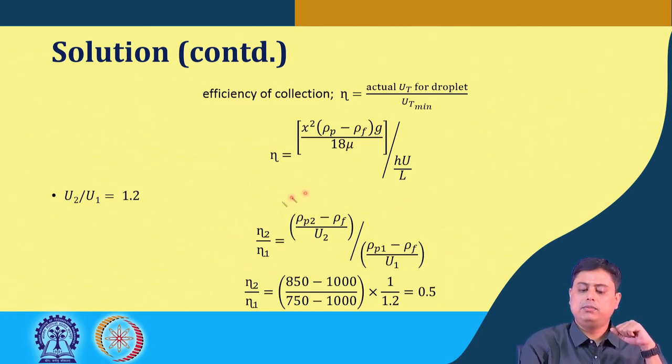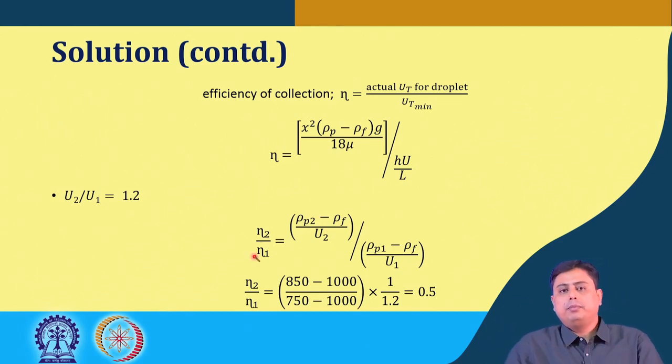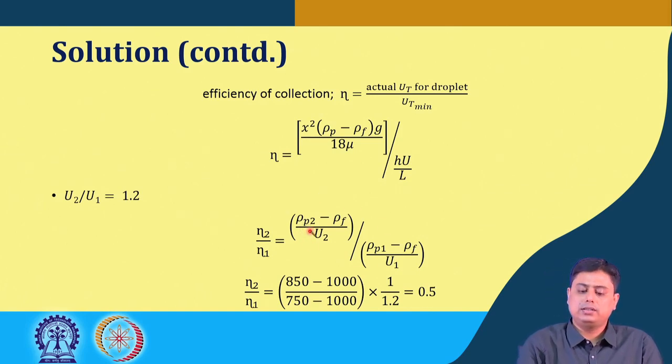This is the simplified form for comparing the efficiency when we change the flow rate as well as the density. Here are the changed relative density and the relative density in the original state. If we replace the numerics here, it is 850, this is 750, and then rho f of the fluid, which is water, in this case 1000 kg per meter cube, and U2 by U1 is 1.2.